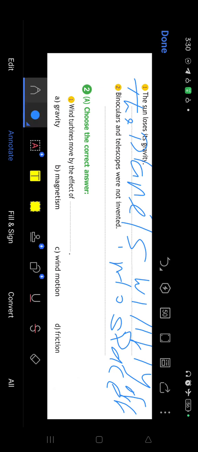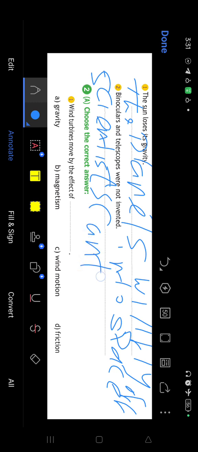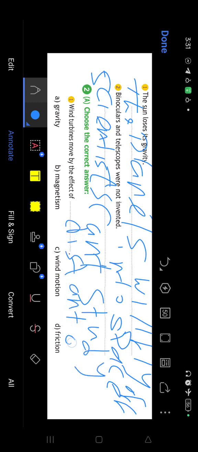Yeah, the answer, we can see, or scientists can see distant objects. Scientists cannot study distant objects.